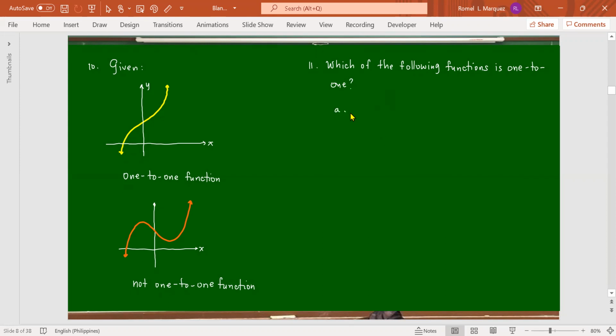Letter A, f of x is equal to square root of 4 minus x squared.